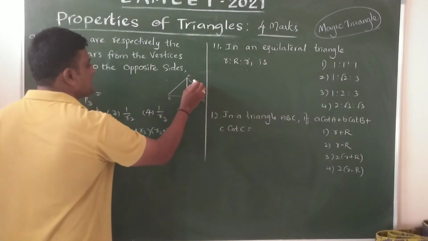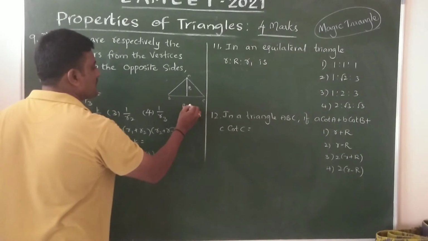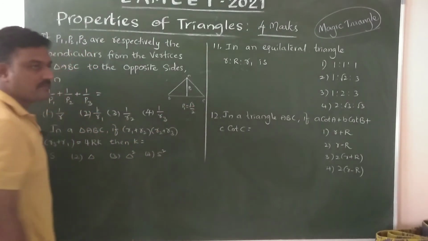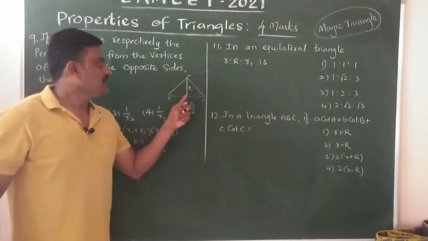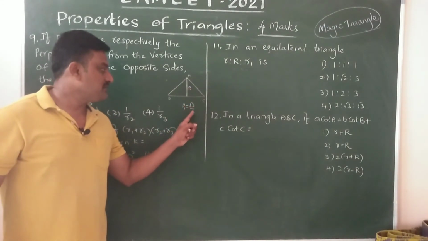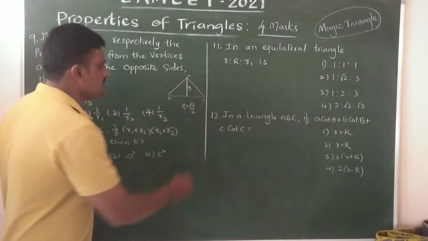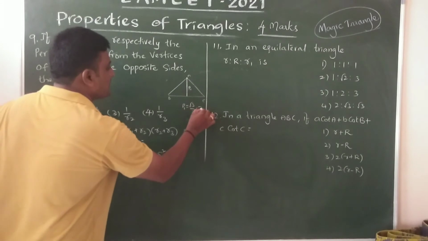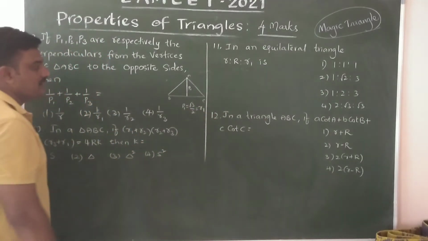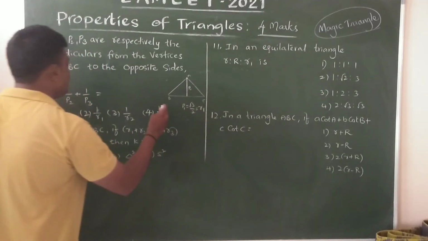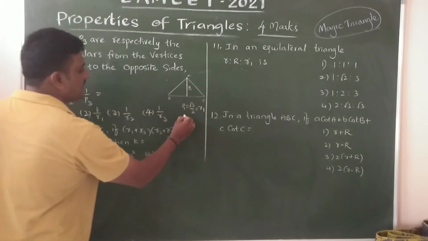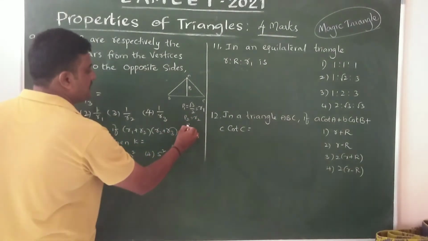So P1 is nothing but root 3 by 2, because the height of the equilateral triangle should be root 3 by 2 units. So root 3 by 2 is nothing but R1.